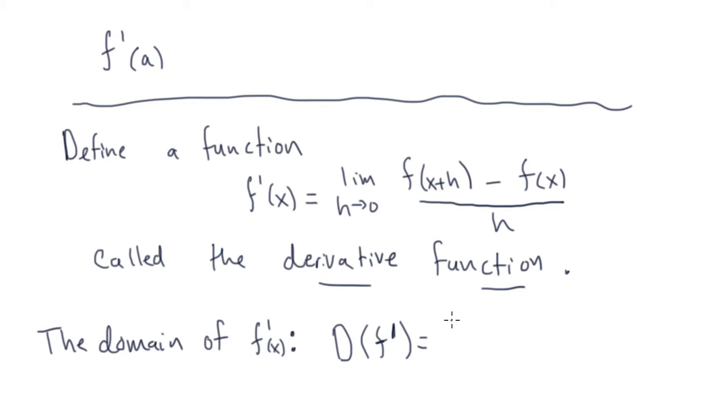So first of all, we're only going to include x values that are in the domain of f. So it's the set of x values in the domain of f for which this limit f prime of x exists.